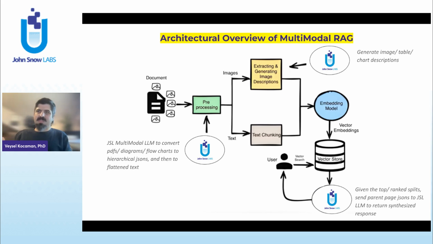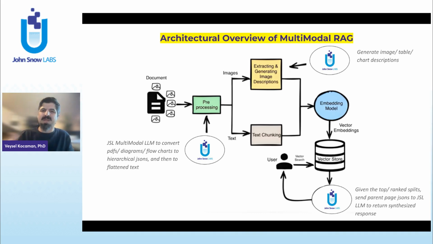But when we index it, we chunk it and then write into the vector DB, and we use this information only to find the right page of information. Because if we just pick that set of chunks and send them to the LLM, it is still missing something, right? That's why we also rank the splits returned by the vector DB, and we don't just send the splits to the LLM.